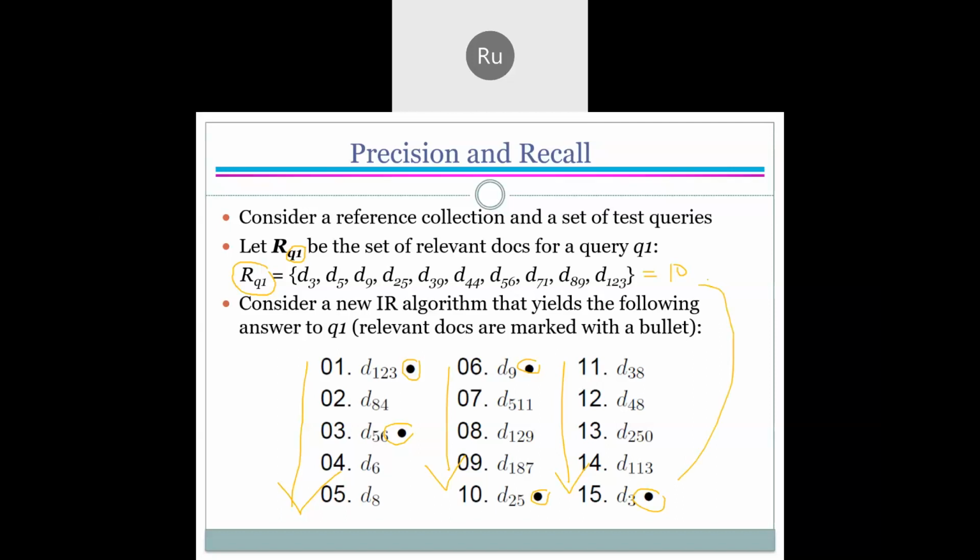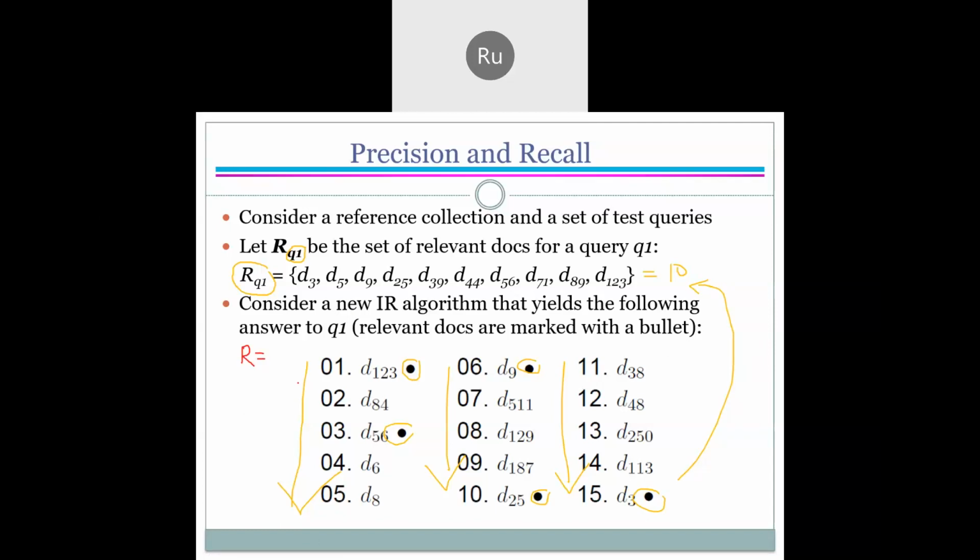This is based on this list. Now we can look at the precision and recall. How do we actually compute the recall and precision? We just look at the marks here. To compute the precision, we look at the recall first.